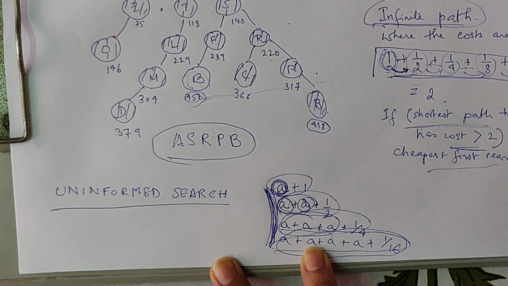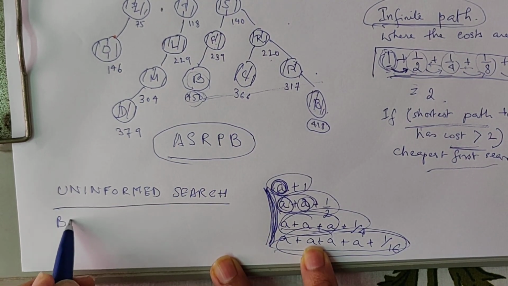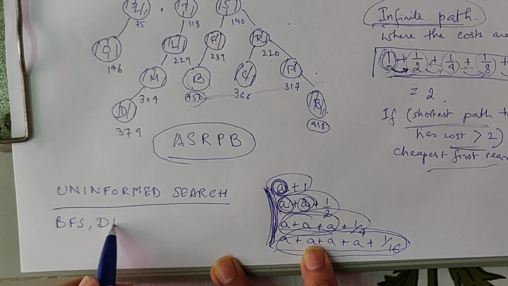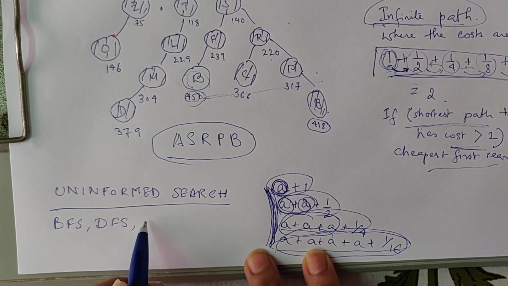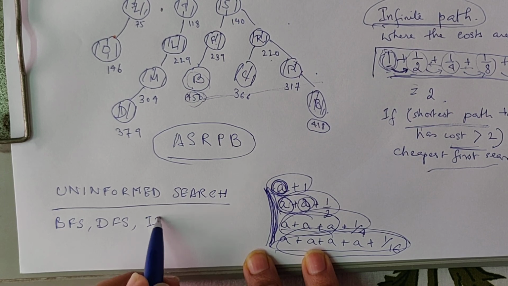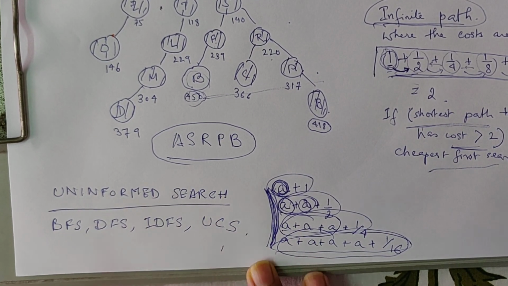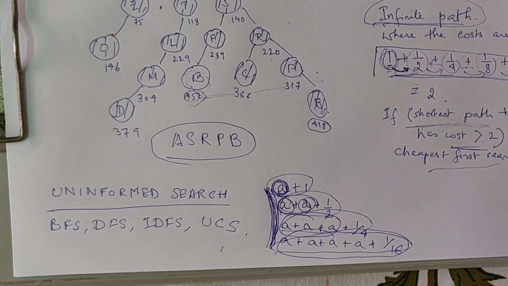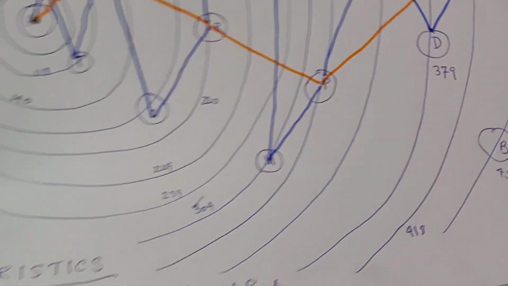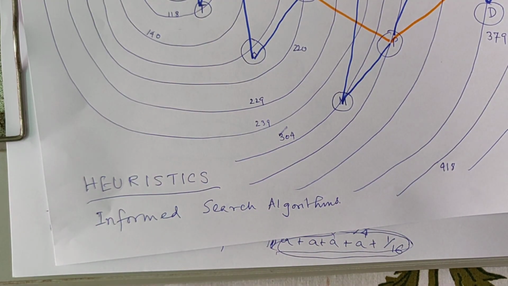And under this uninformed search, we had studied breadth first search, depth first search, iterative deepening depth first search, and uniform cost search. We will now proceed towards this class of informed search algorithms.